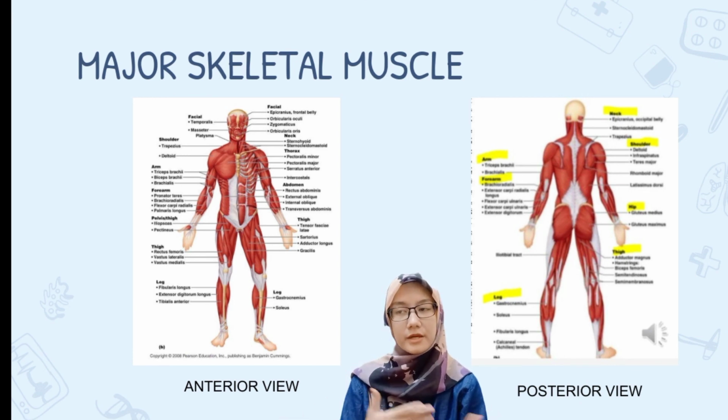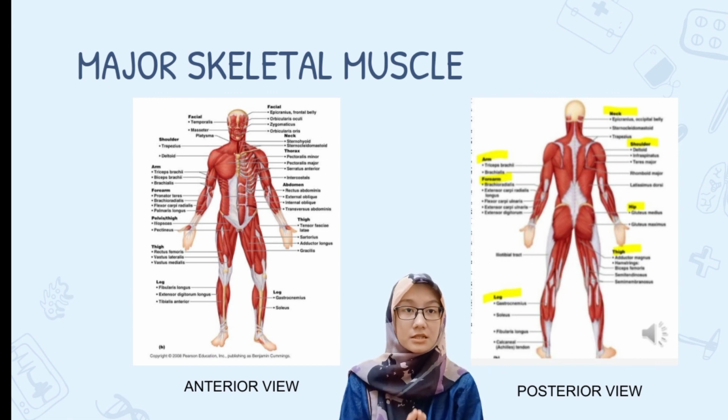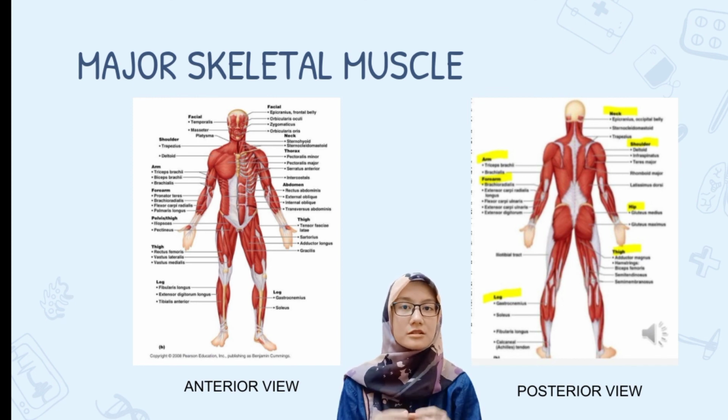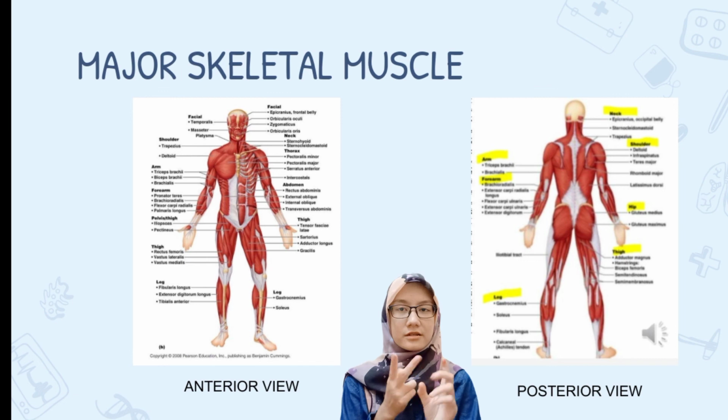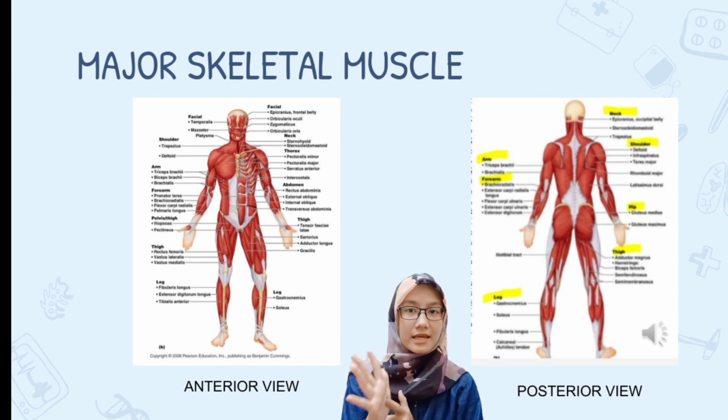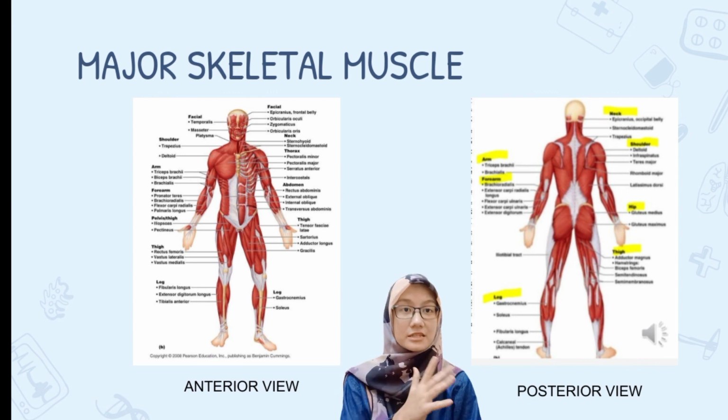I will explain about major skeletal muscles in the body. From the anterior view, there are 40 superficial muscles divided into 10 regional areas of the body. They are facial, shoulder, arm, forearm, pelvic, thigh, leg, neck, thorax, and last but not least abdomen.